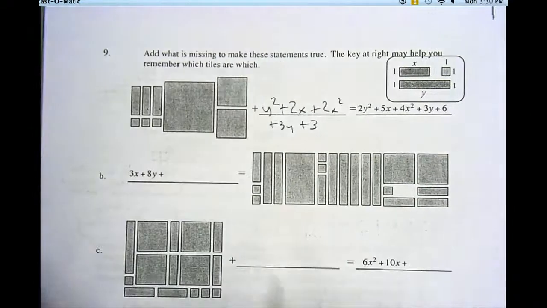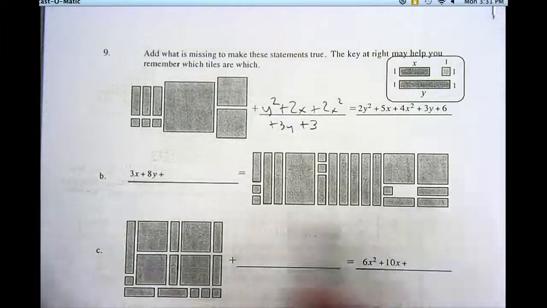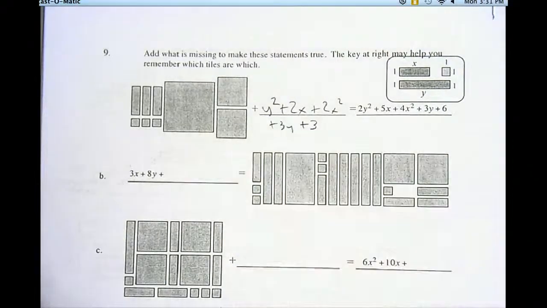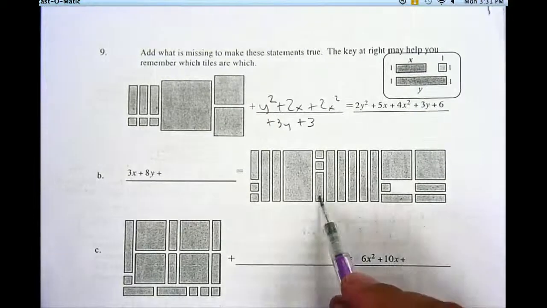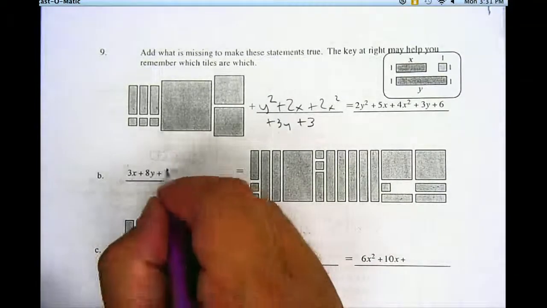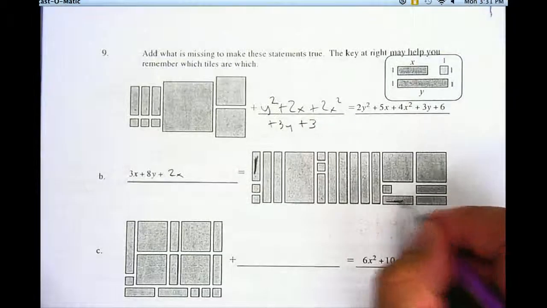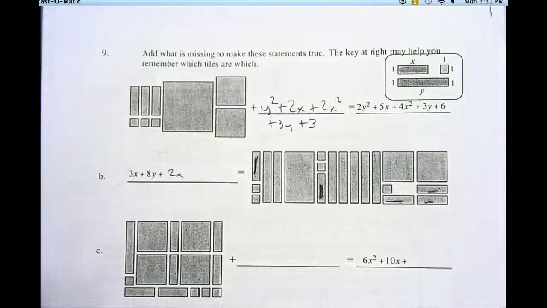Okay, let's look at this next one. It says I have 3 x's, and so far I have 1, 2, 3, 4, 5 x's over here. So I need 1, 2, 3, 4, 5, so I have to add 2 more x's there. And now I can cross out all these x's. I've counted those right now.